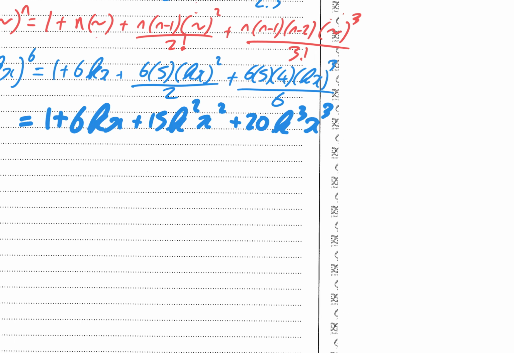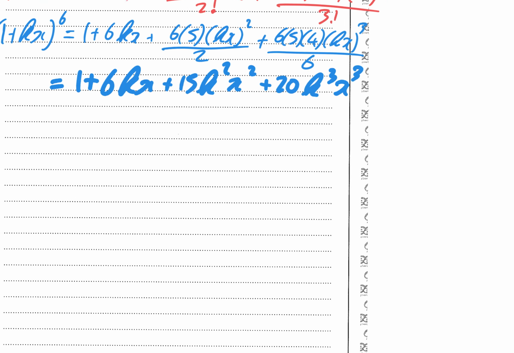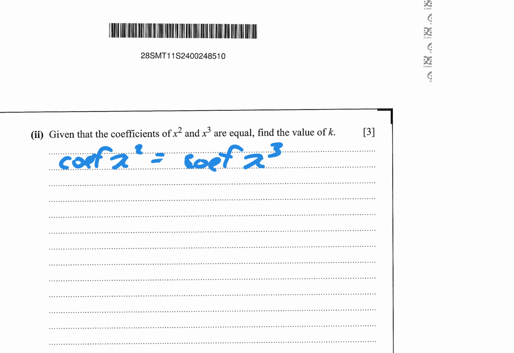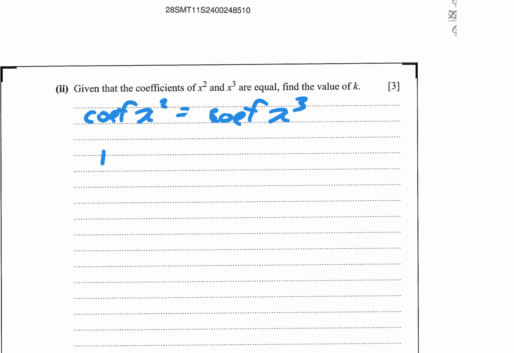Okay, right, let's go back. My coefficient of x squared is 15k squared, and the cubed one is 20k cubed. So 15k squared equals 20k cubed. Find the value of k.